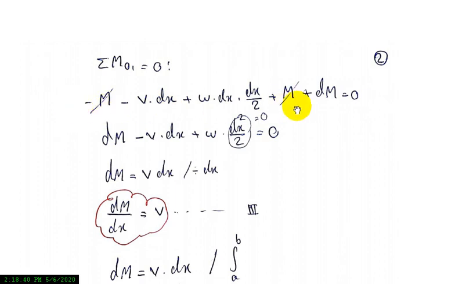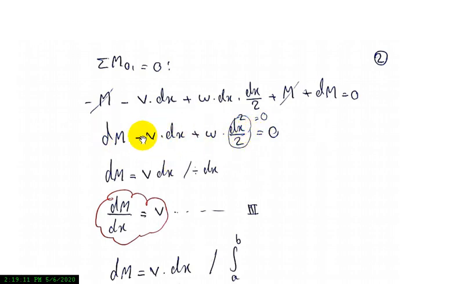This minus M and plus M finish, and we can write dM minus V multiplied by dx plus w dx multiplied by dx/2, where dx squared is an infinitesimal and is taken as 0, but the other part remains.